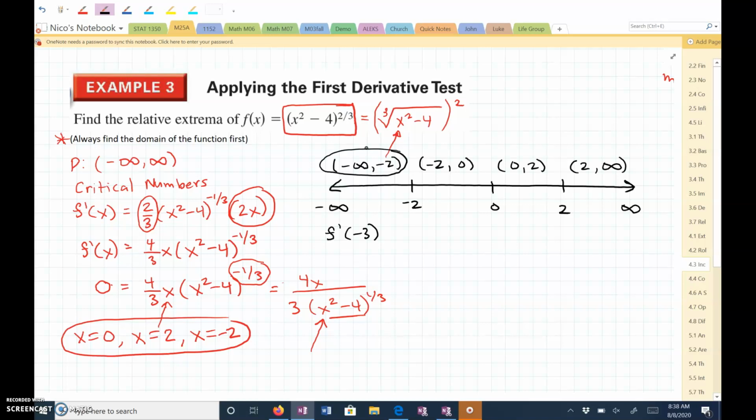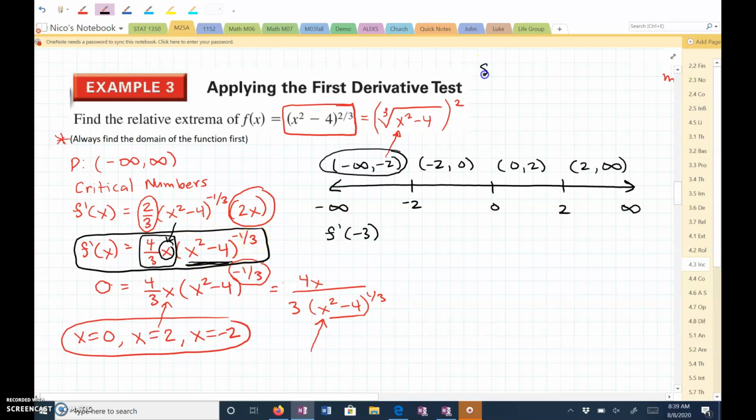And so what I can do here, I can just look at this guy. Okay, if I plug in negative 3 here, this whole thing would be negative. If I plug in negative 3 here, this whole thing is going to be positive.